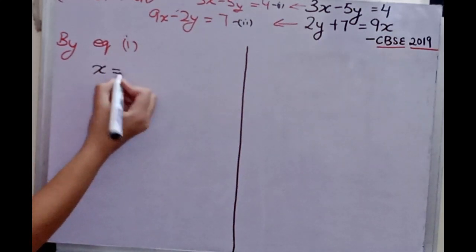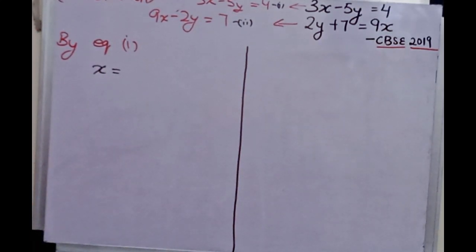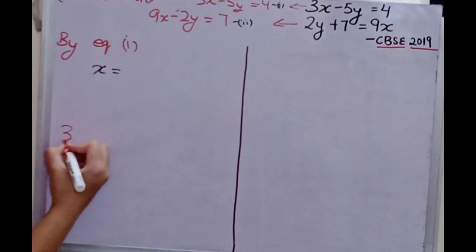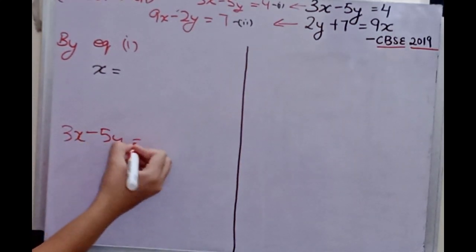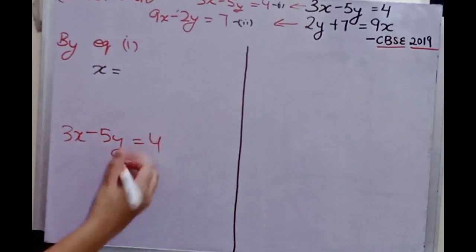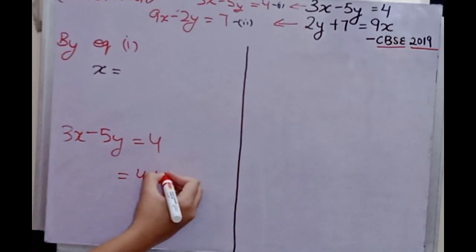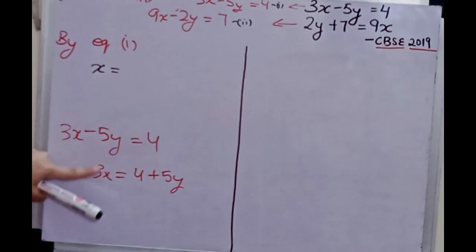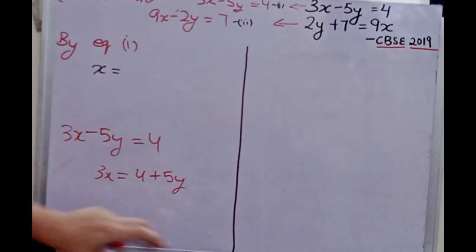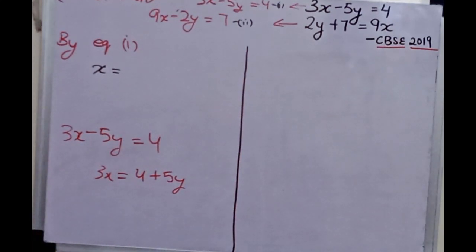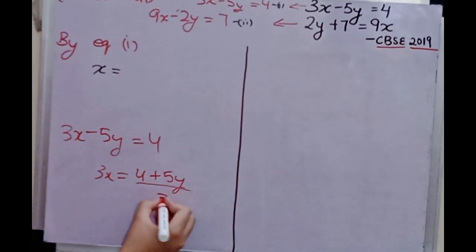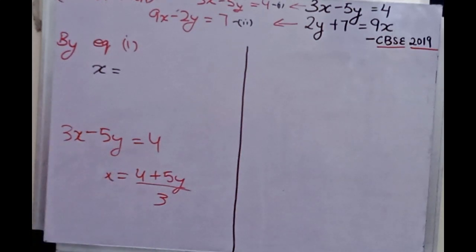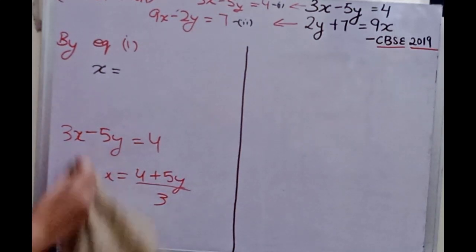x is equal to, now see here, the equation goes like 3x minus 5y is equal to 4. If I move this minus 5y here, it will become 4 plus 5y equals 3x. Since this is multiplication here, it will come as division on the other side. So we got the value of x.